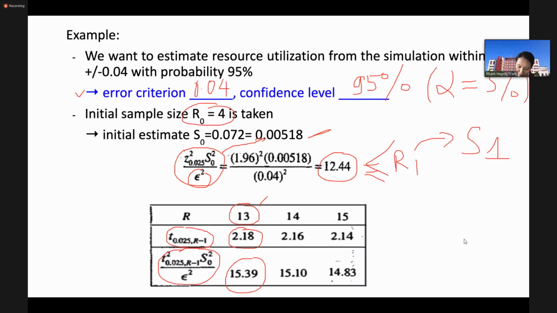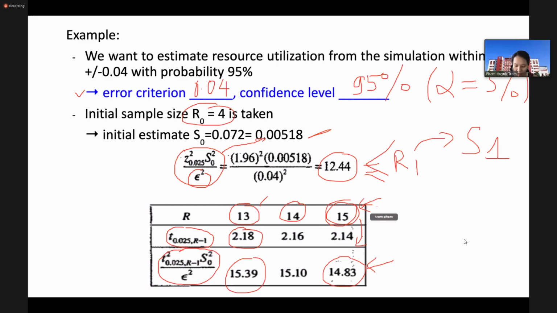You can try 14 and 15, but let's see if you try 15. You get a new R of 14.83, which is very close to the one we tried. This is the first R we tried, and this one is the new R we get.